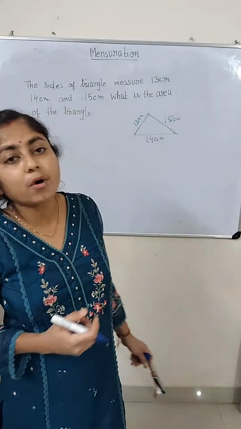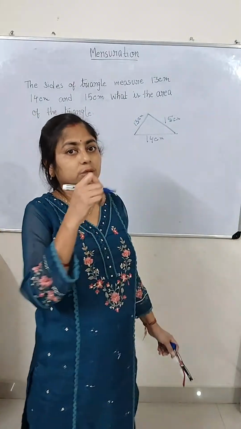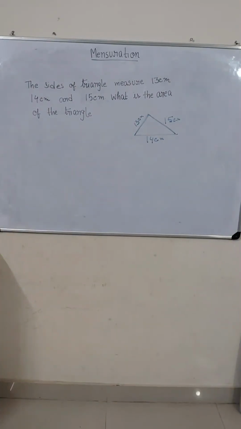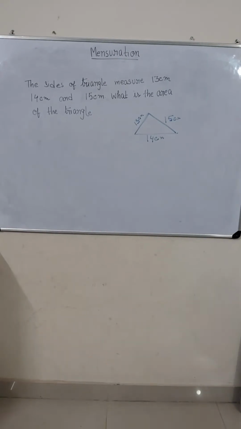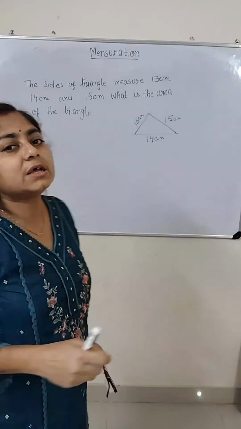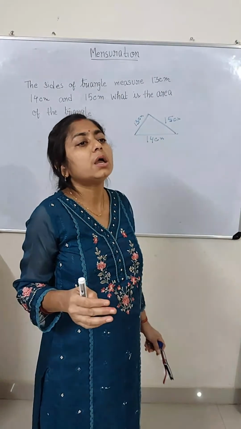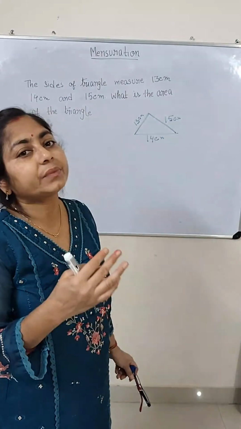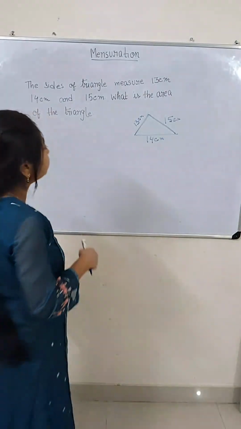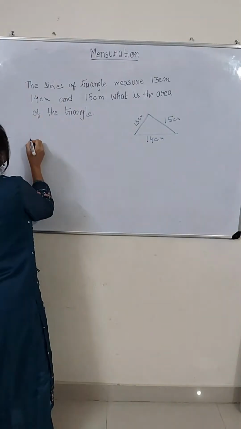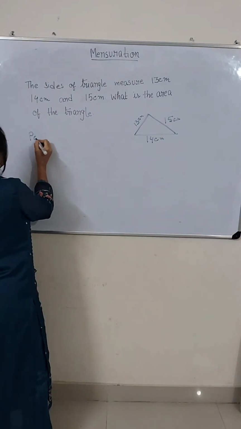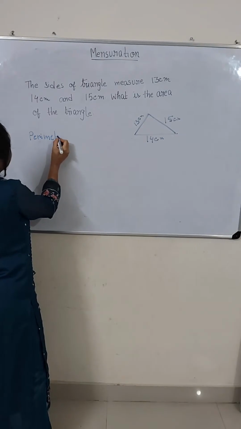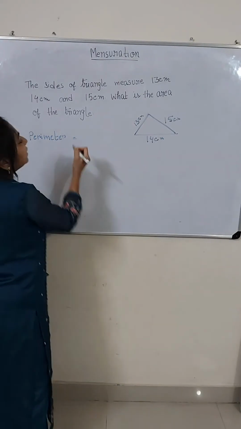What is Heron's formula? You know the S into S. So first you find out the perimeter. Then you want the semi-perimeter. Okay. What is the perimeter?